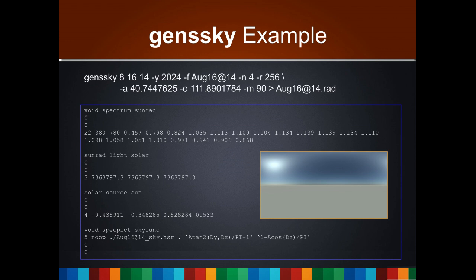So simple example, similar run to gensky. It specifies a year or not. What is the dash F option? File names. Oh, right, because it works a little bit differently than gensky.